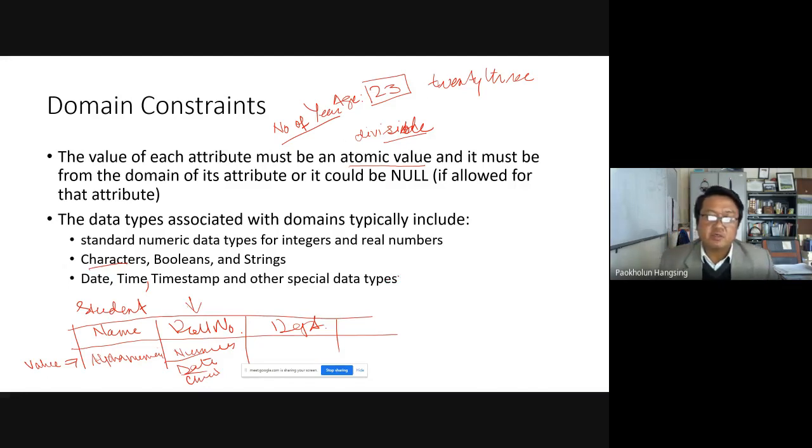All of those are supposed to be the domain from which the attribute takes its value. But the domain from which the value is taken has to be consistent for each attribute.